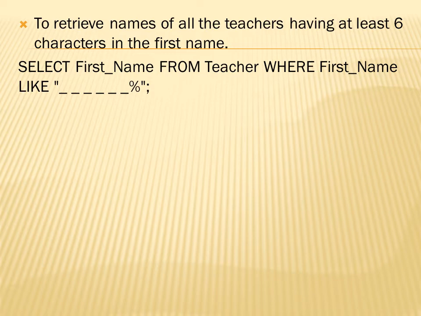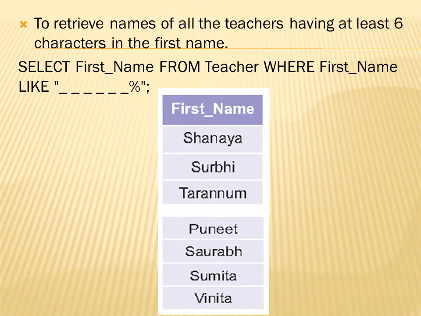We are not mentioning any character inside it because we don't have to find any particular letter or character. So this will be the query and you get this output. Here all the names of the teachers are there whose name has at least 6 or more than 6 characters. It is not mentioned that it should start with the letter S or something, so all the names are displayed.